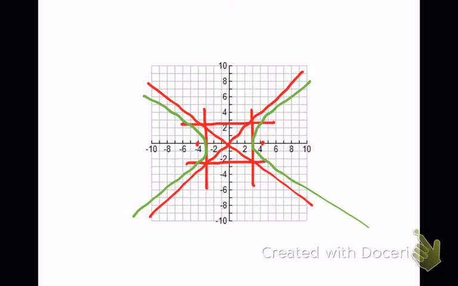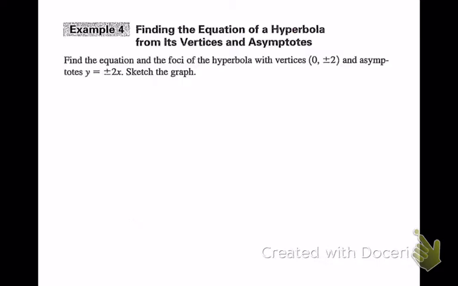Okay, so on the last example, we've got find the equation of the hyperbola from its vertices and asymptotes. The vertices are positive, negative 2, and the asymptotes are y equals positive, negative 2x. Okay, so we have to use that.